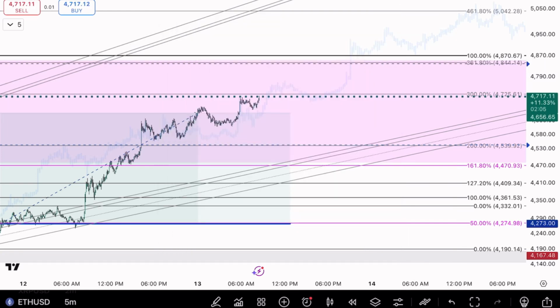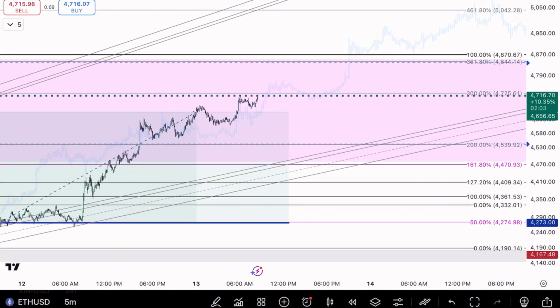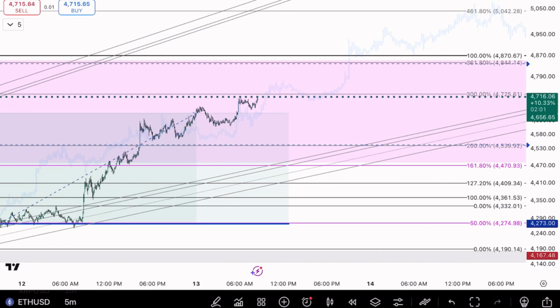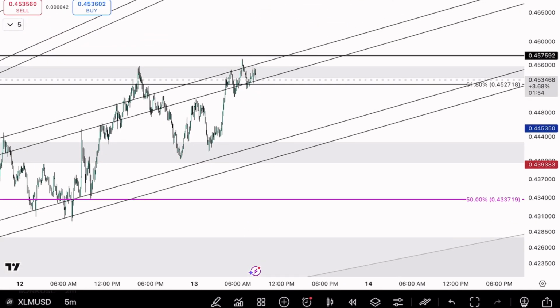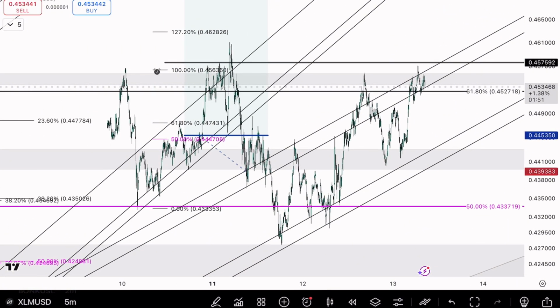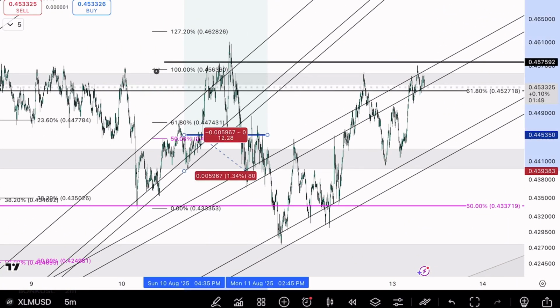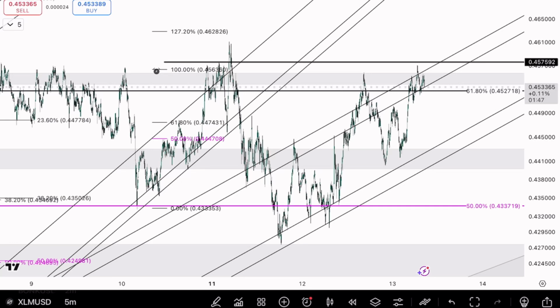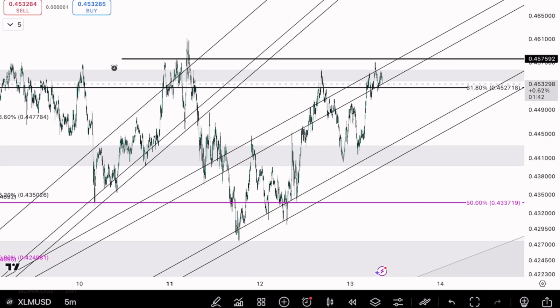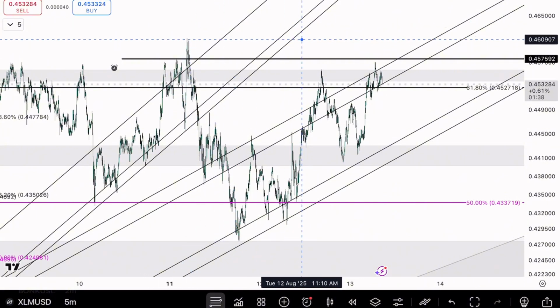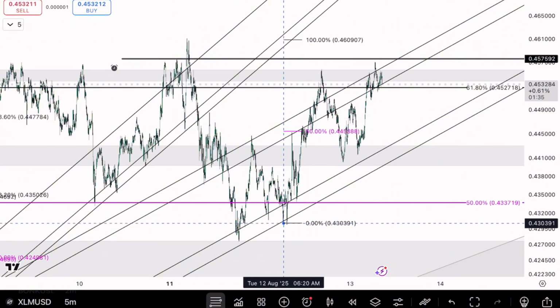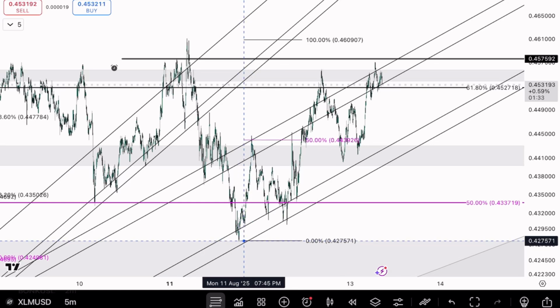All right, and I'm gonna keep this alert where it's at down here. And then let's go to XLM. I probably need to do some updates on this, and go from this peak down to this bottom.